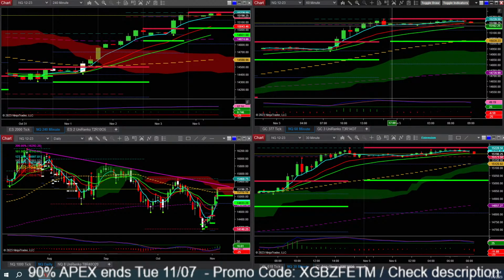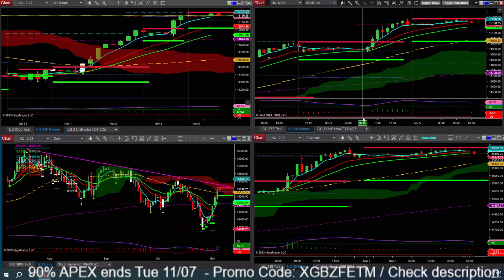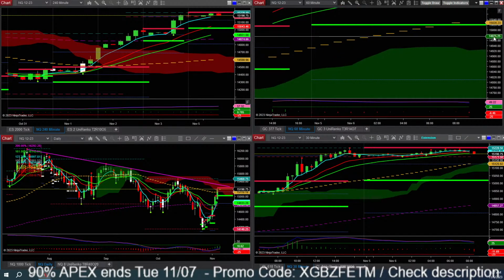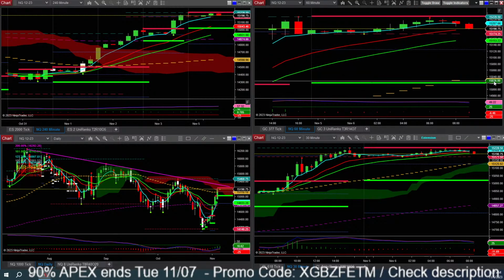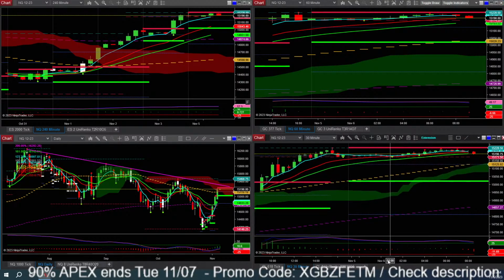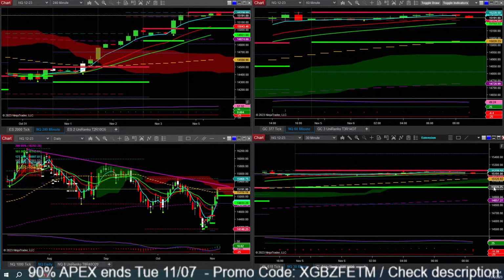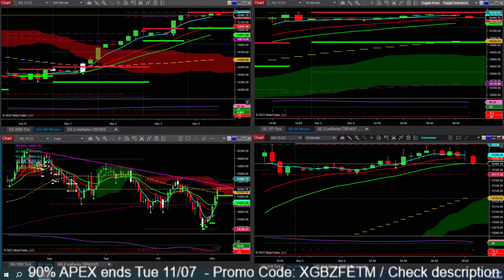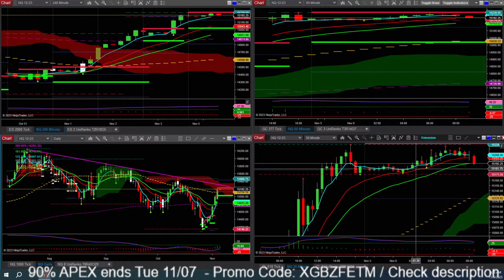In the 60 minutes, also sideways. Let me expand this one. Some overlap in the overnight. I would say that we are ranging in the overnight. Okay, so not really a big surprise. It's Monday. And then here we are getting back.